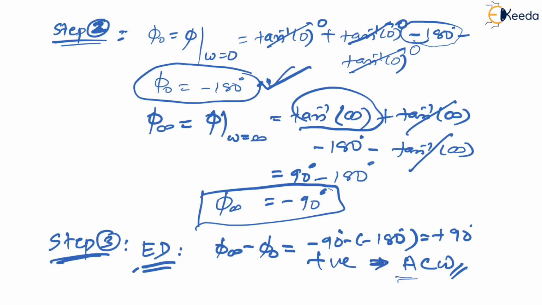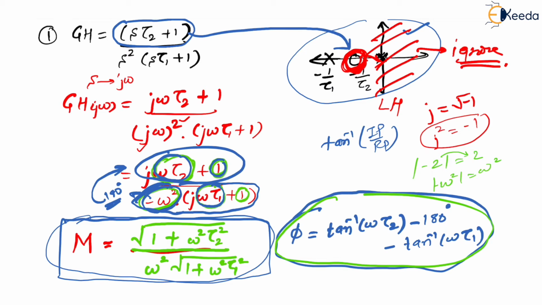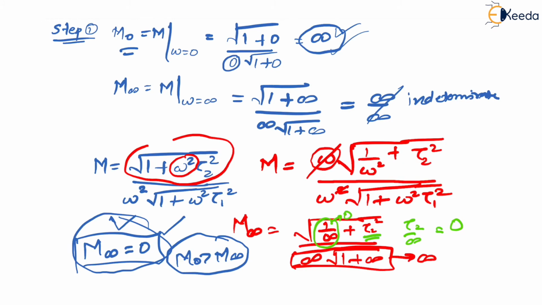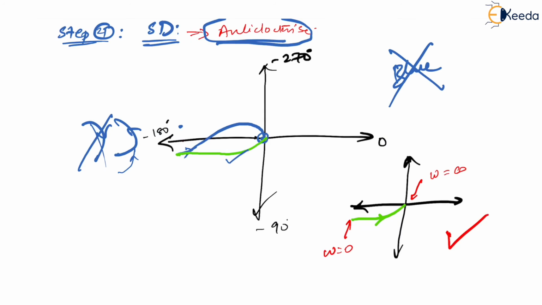Now what do you understand from this? The most important thing is this. If you consider the first example, where we had only one zero, what was the ending point angle? The ending point angle was minus 180 degrees, right?